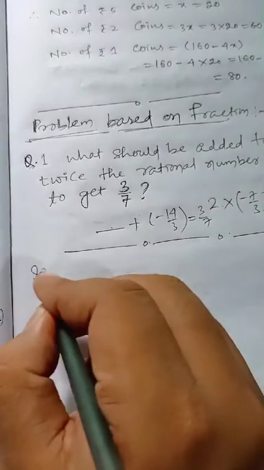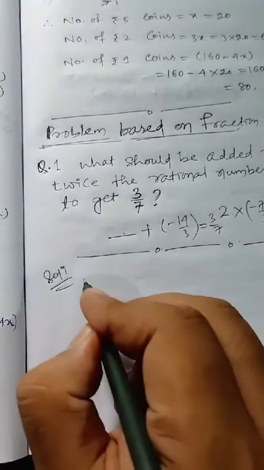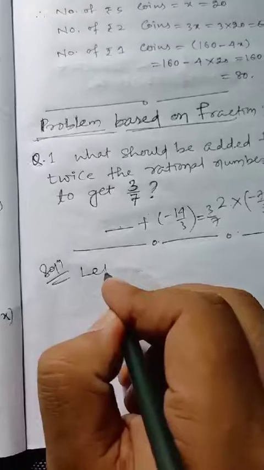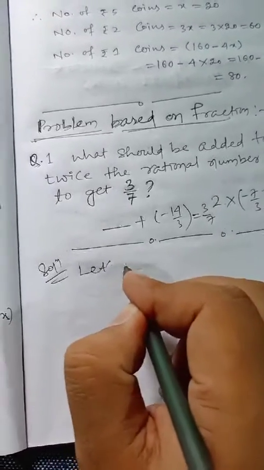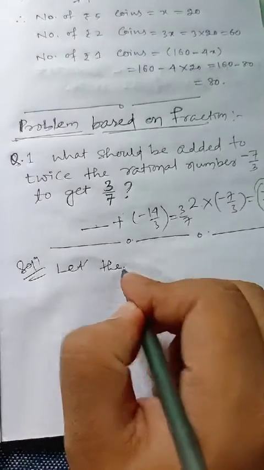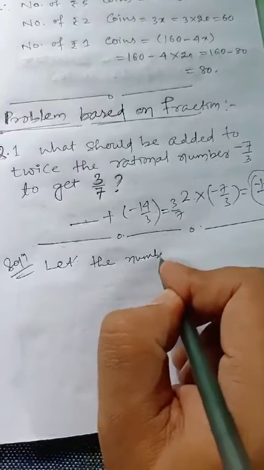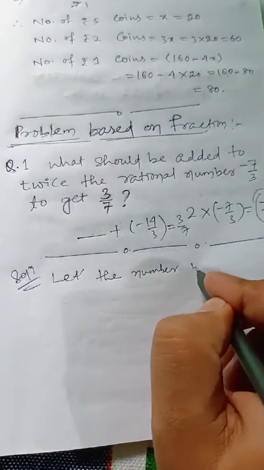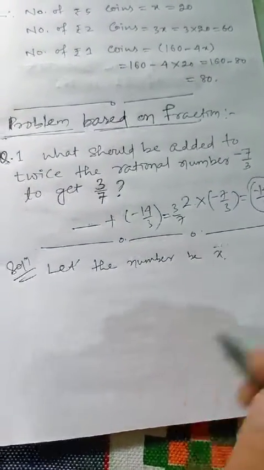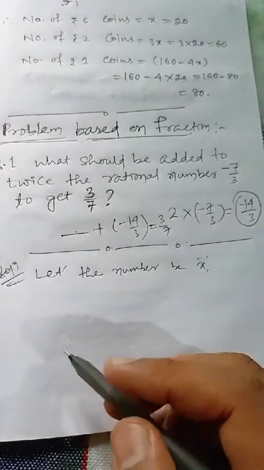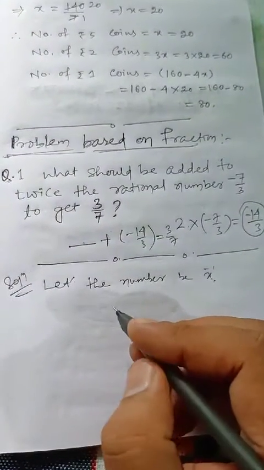Solution: let the number be x. So here x is added to minus 14 by 3 to get 3 by 7.